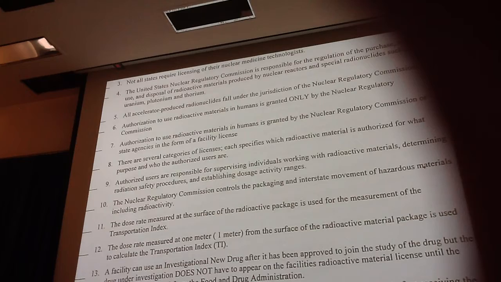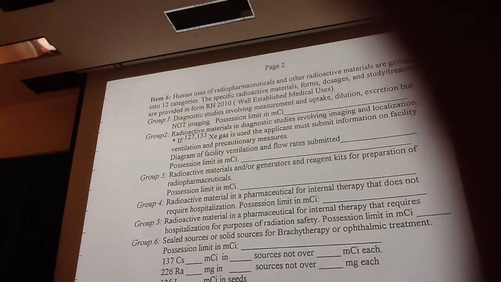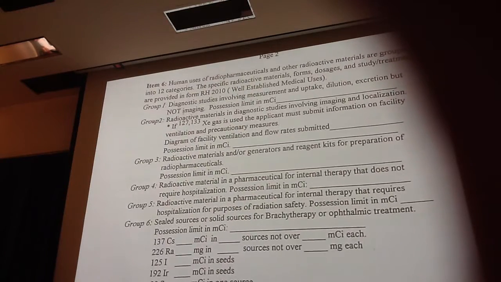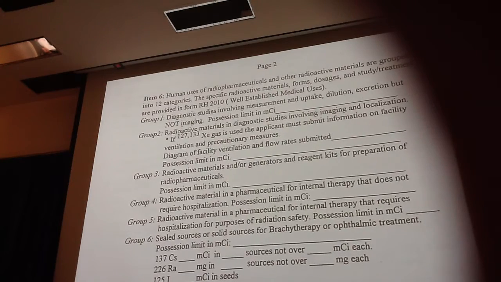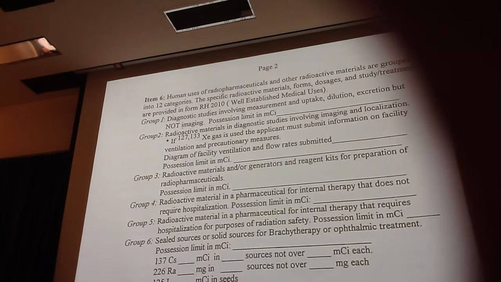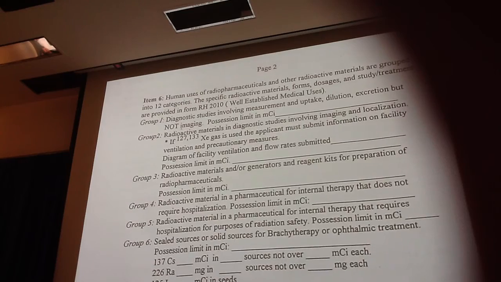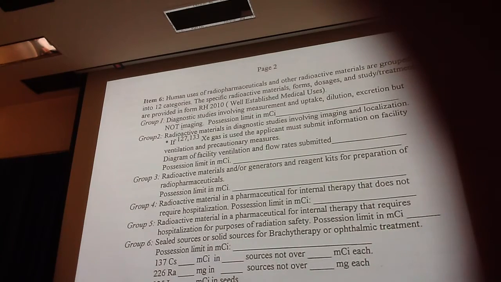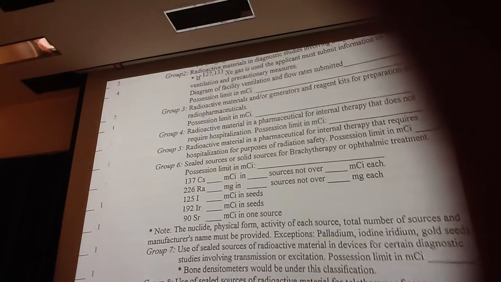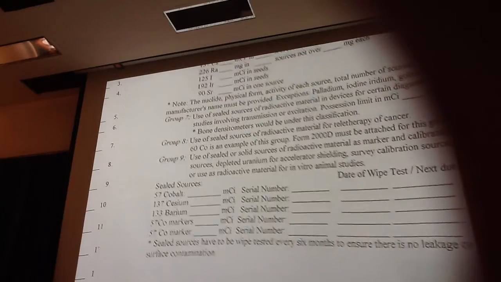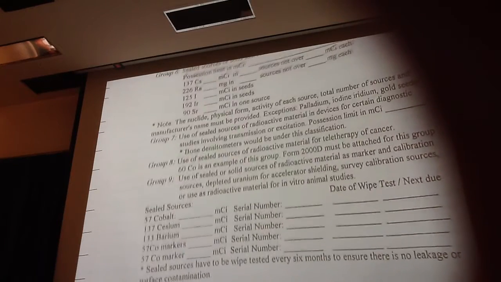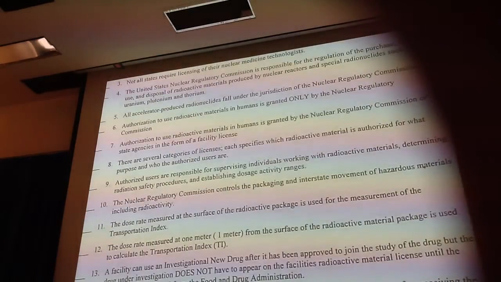And it has the groups here under item 6. These tell you all of the stuff: diagnostic studies involving measurement and uptake dilution, but not imaging. So that would be like your red blood cell stuff. And radioactive materials for diagnostic studies, imaging localization, and so on. So there's 12 different groups. Sealed sources, calibration sources, things like that.